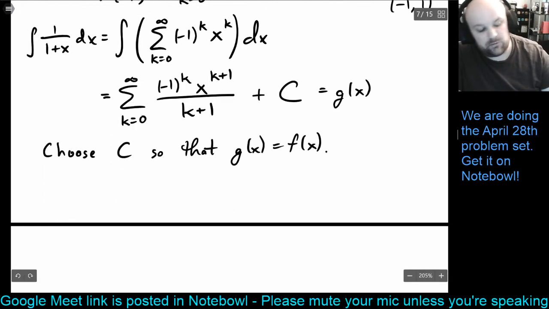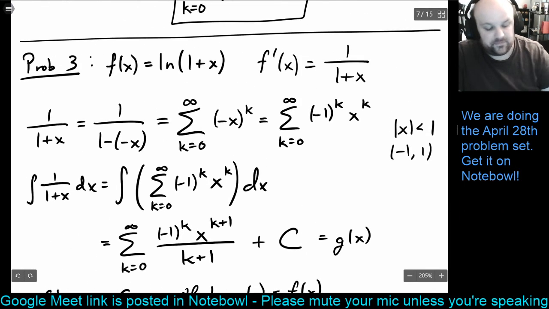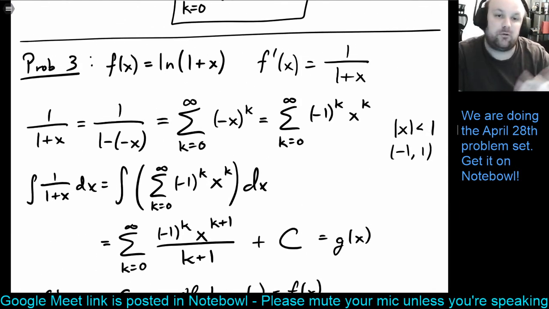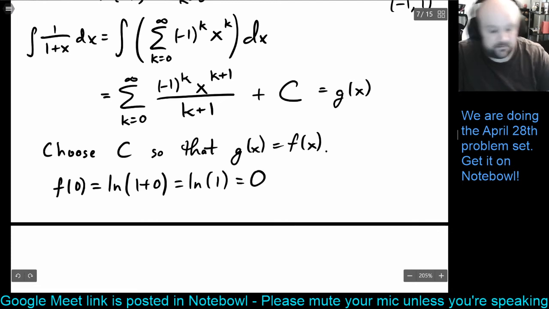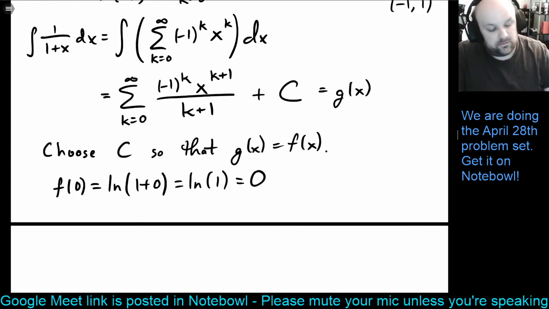So we start by plugging in 0 to see what we need it to be. f of 0 is ln of 1 plus 0, which is ln of 1, which is 0. That means when I take this expression and plug in x equals 0, I need to choose the constant so that the output is 0. Does that make sense?